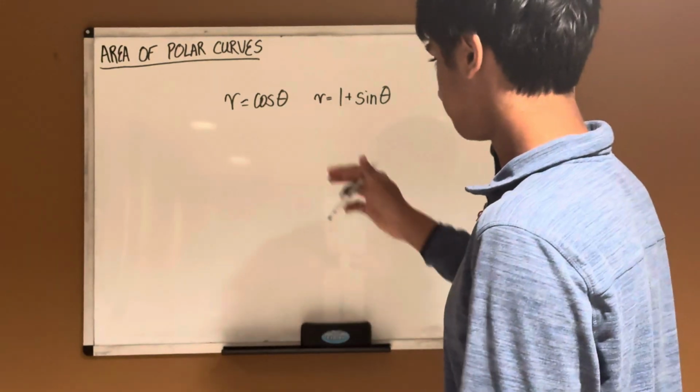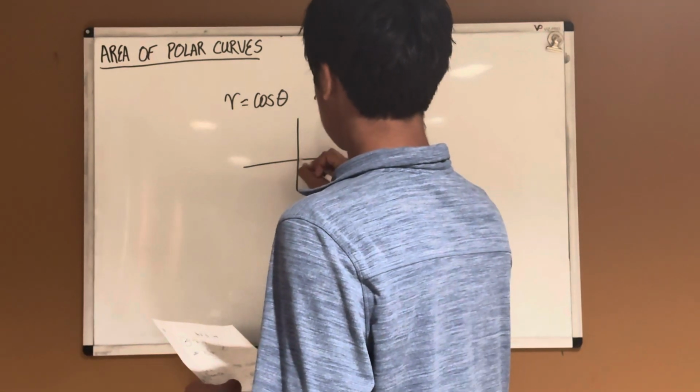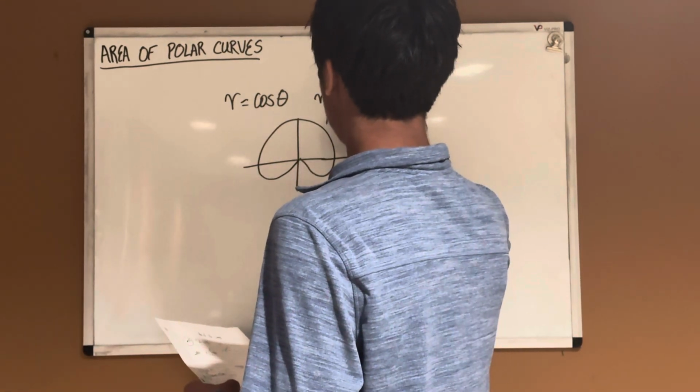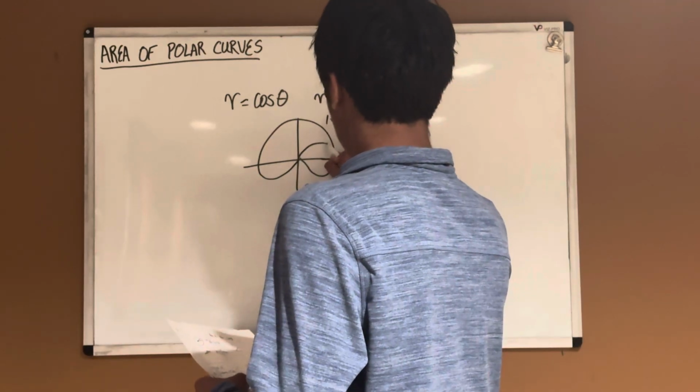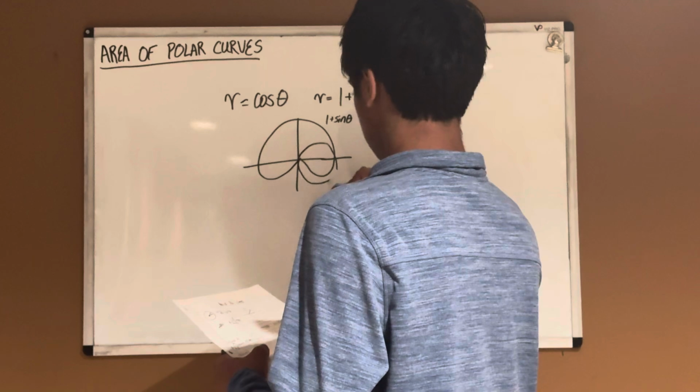So in this case, we get a graph that looks something like this. That's 1 plus sine theta, and then cosine theta would look something like this.